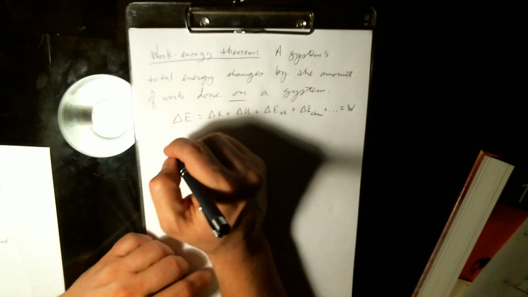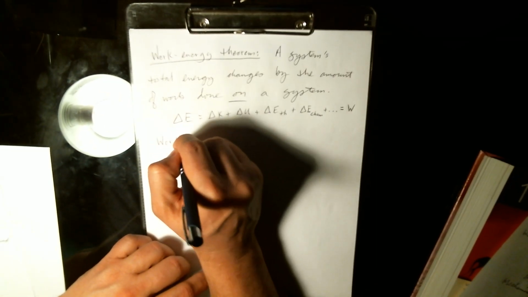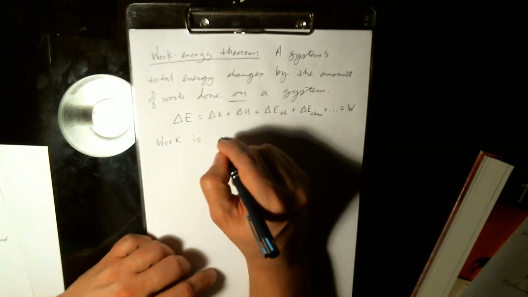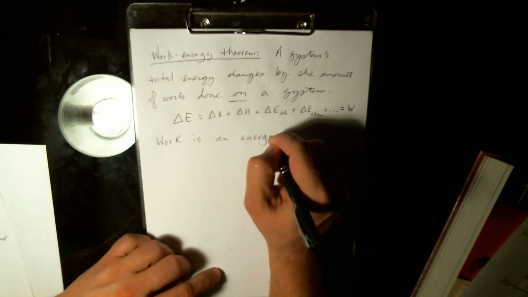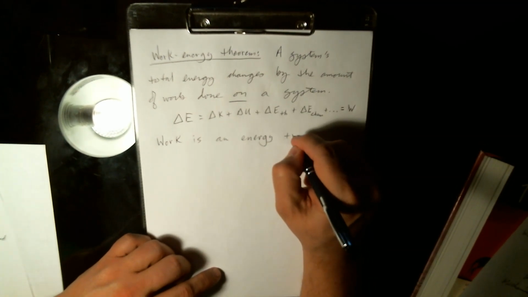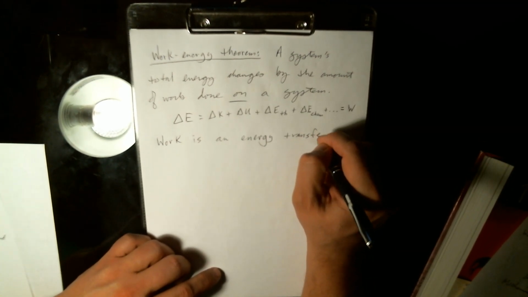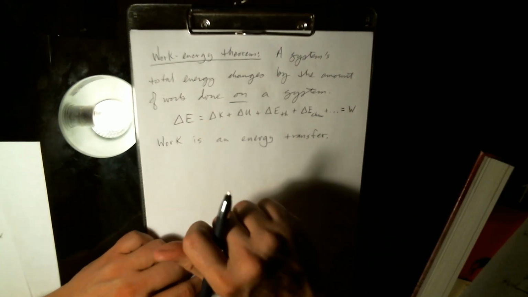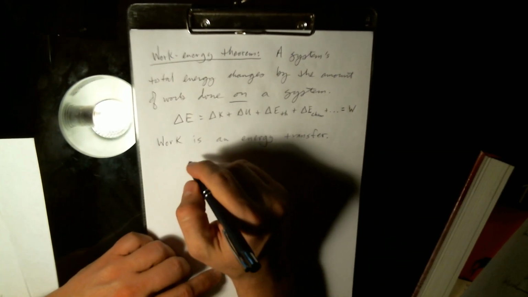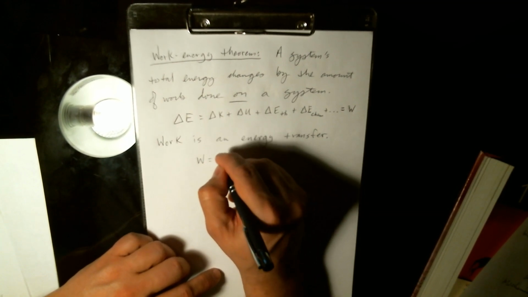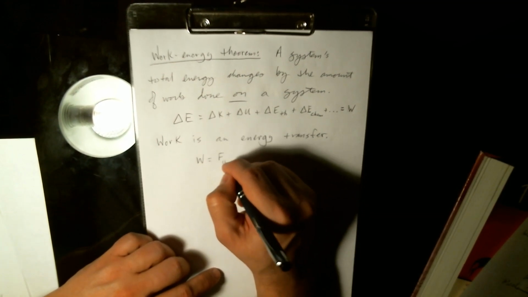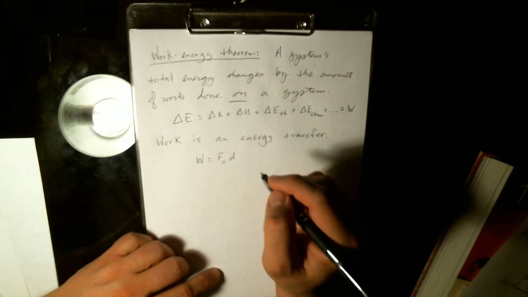So I'm just going to say it now. Work is an energy transfer. That's really what it is. And we defined it last year as work is equal to the force parallel times the displacement.